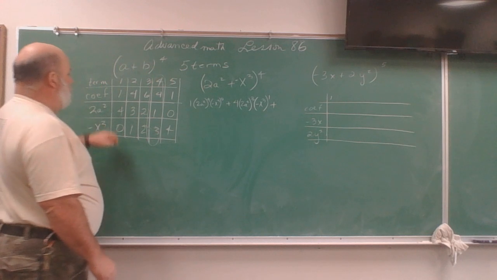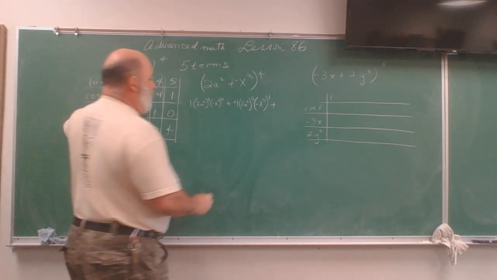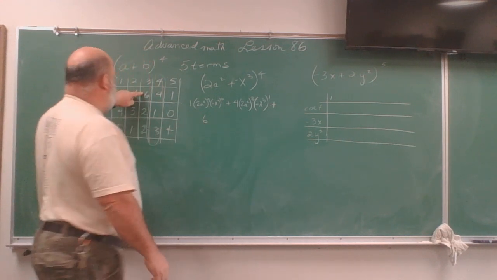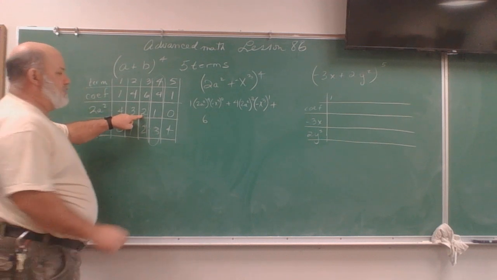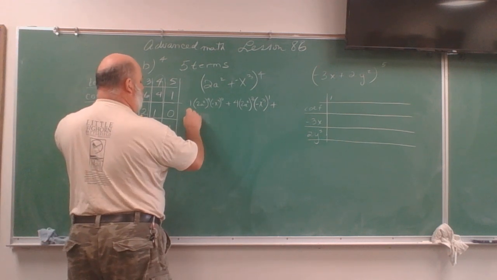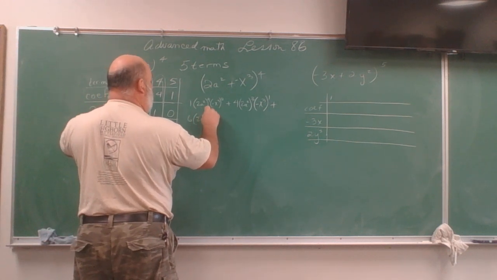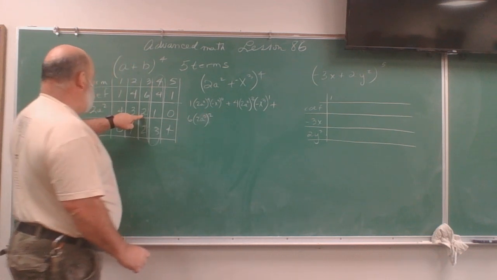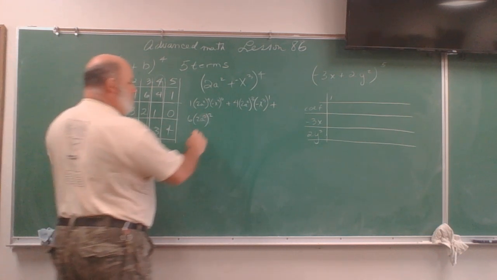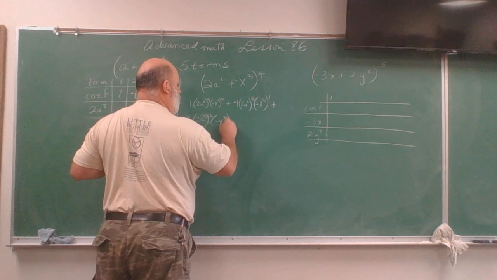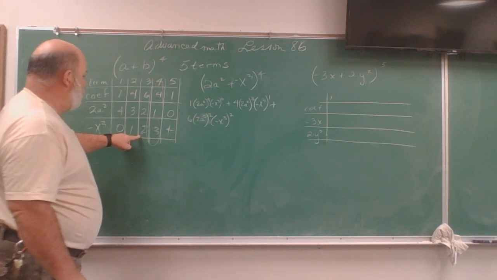plus lead coefficient of 6. I'm going to put it down here, 6, and it's going to be 2a squared, quantity squared, and negative x cubed, quantity squared.